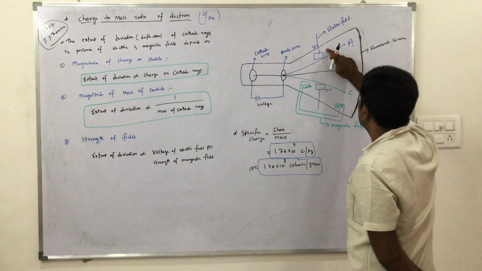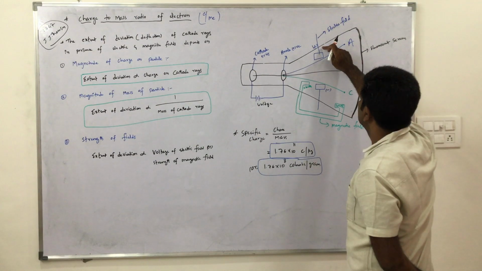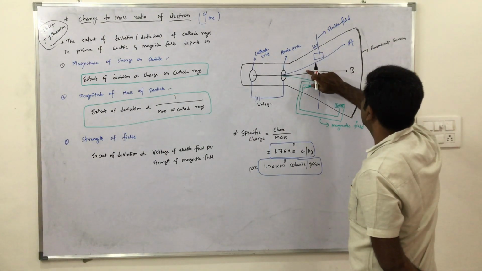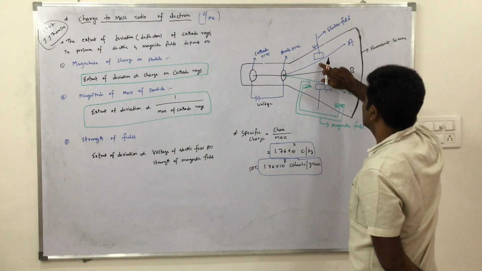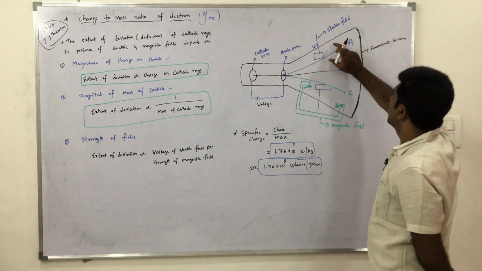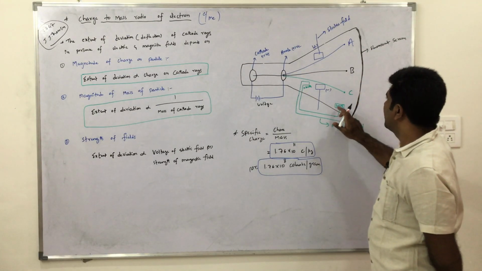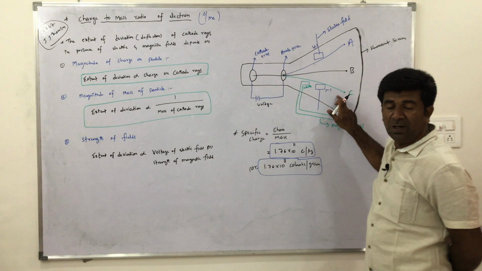Because here he applied an electric field, that means the positively charged plate attracted the cathode rays, because cathode rays have negative charge.